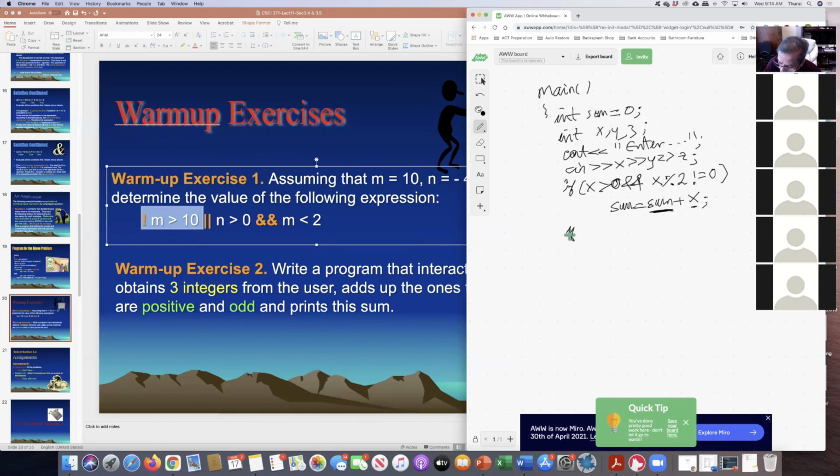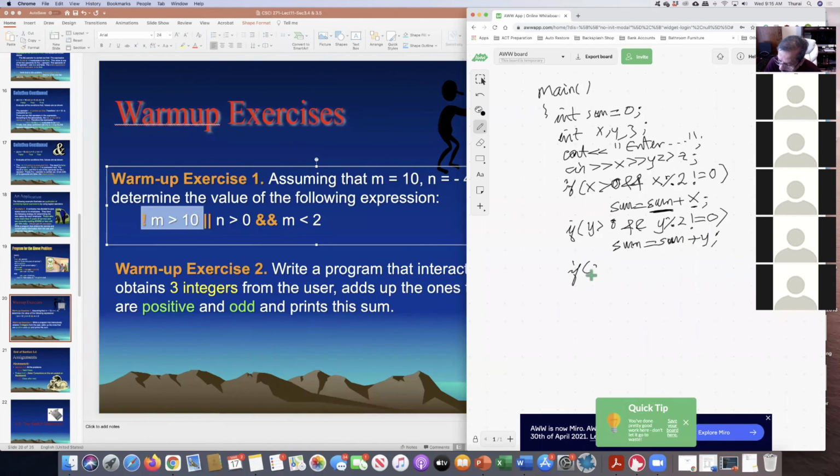And then I had to do the same for the next number, y greater than 0 and y modulus 2 not equal to 0. If these are true, then y is added to the sum.